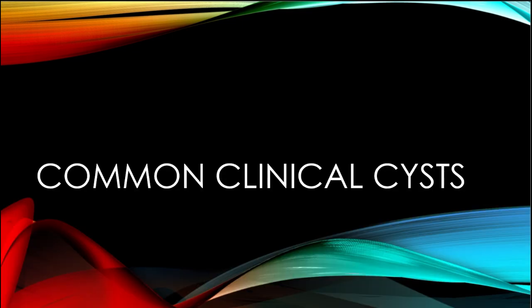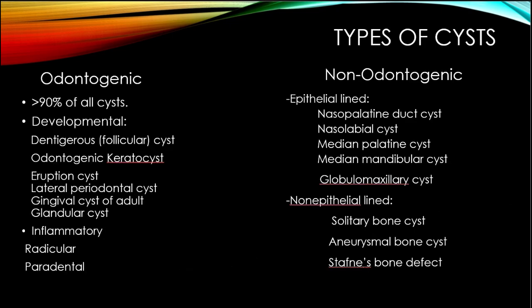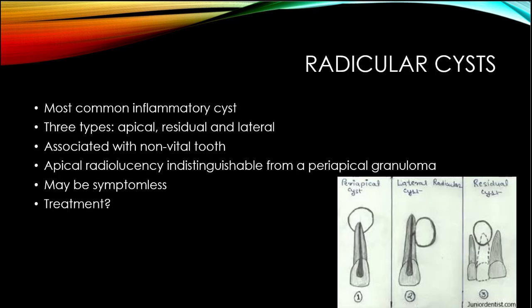Now we'll talk about common clinical cysts. As we can see, we talked about this classification in the beginning. Now, the most common cyst in the oral cavity is radicular cyst. It's usually associated with an infected tooth, with a necrotic tooth.